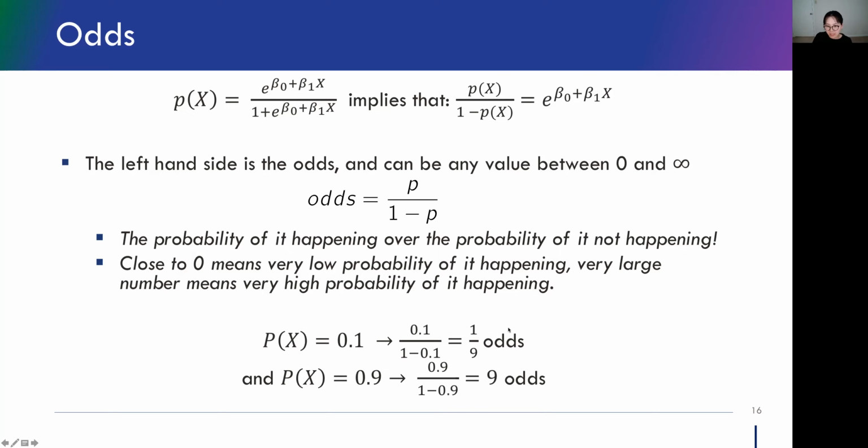So probability and odds go hand in hand, but probability is always from 0 to 1, while the odds can be from 0 to infinity. More importantly, remember the definition of the odds and the relationship of the odds with, for example, your x and your coefficients. The logistic function, you're supposed to know.